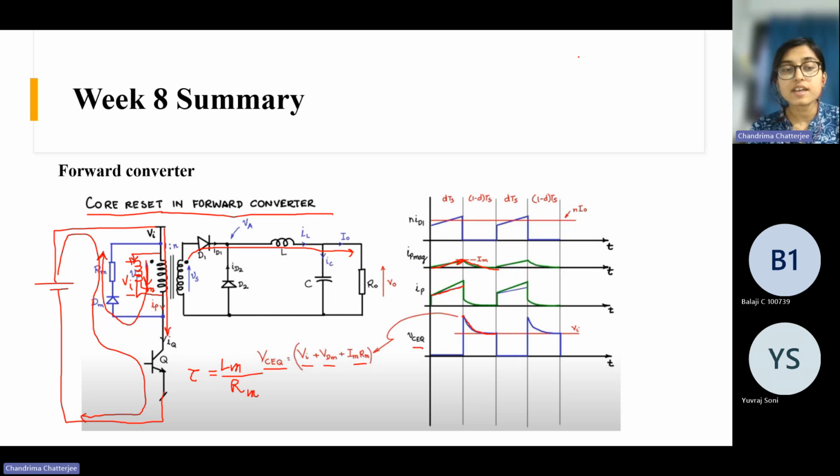There is a disadvantage of this kind of core resetting circuit. What is the disadvantage? The disadvantage is that this is a lossy solution. Why? Because we are providing this resistance here, so there will definitely be some loss here.